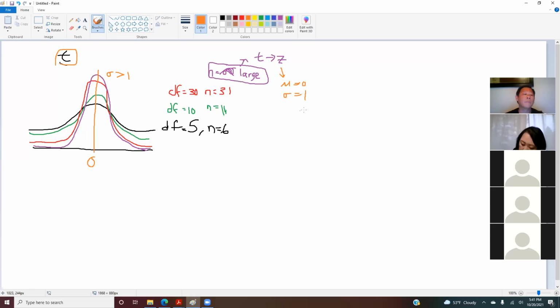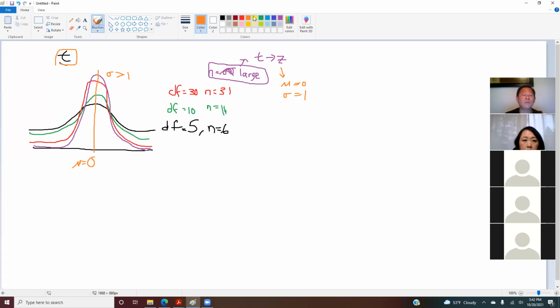But for a t distribution, your mean is still 0, but your standard deviation is greater than 1. So it can be 1 point something, 2 point something, 3, 4, 5, but cannot be equal to 1. Okay, it still has a normal shape and it is still symmetrical.